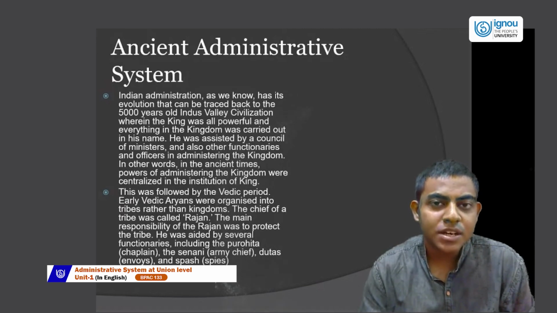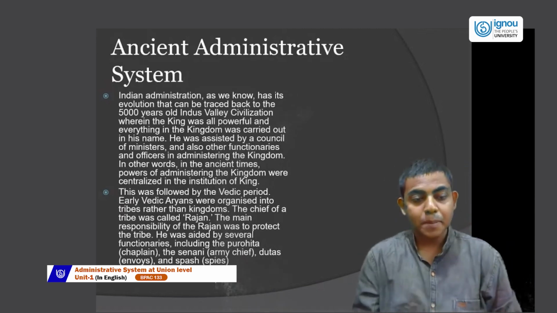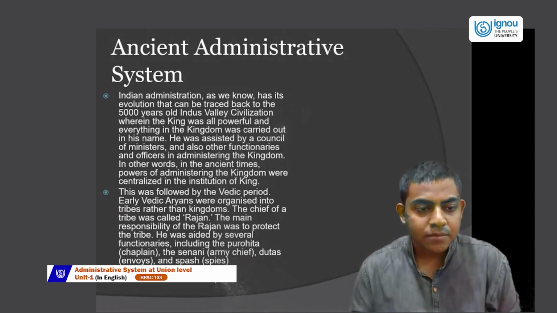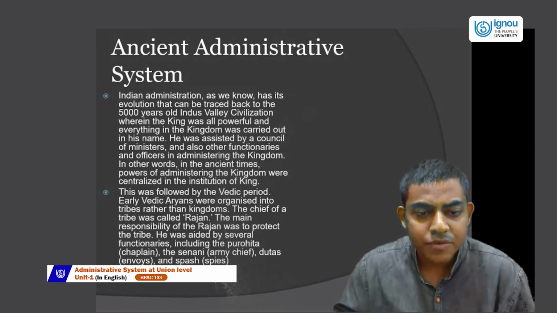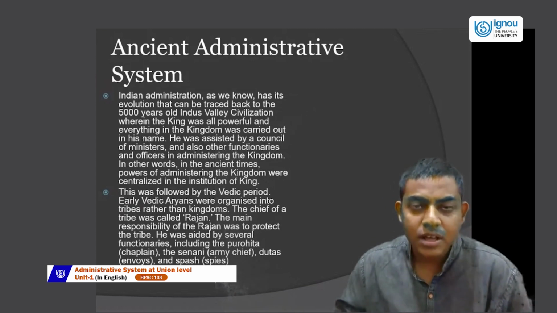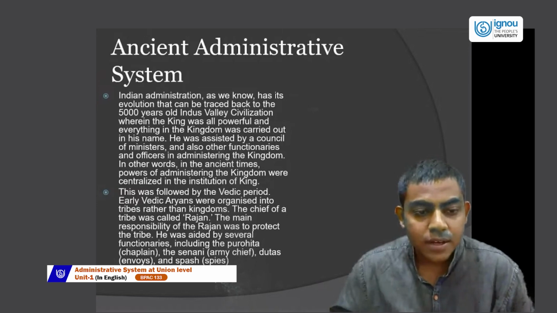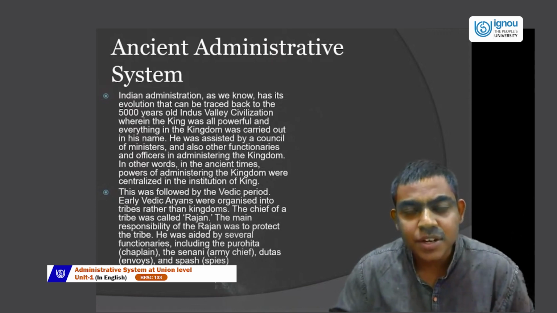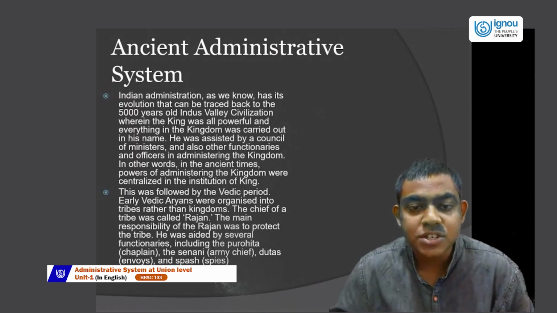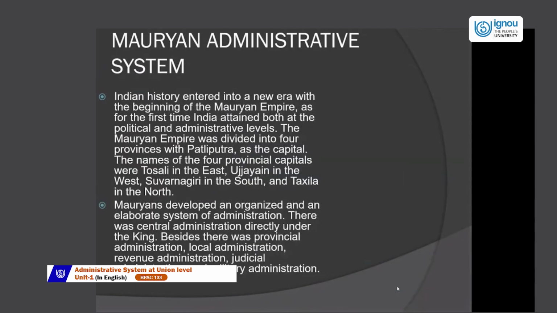The king was assisted by a council of ministers, and there were other functionaries and officers as well in the administrative apparatus of that kingdom. So in ancient times, the power of administrating the kingdom was centralized. There was a lot of centralization, and the institution of king was at the head of the administrative apparatus.